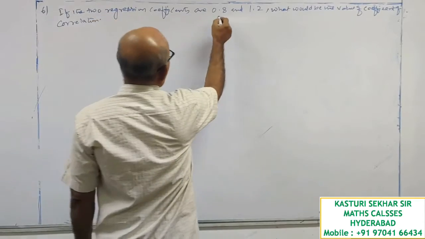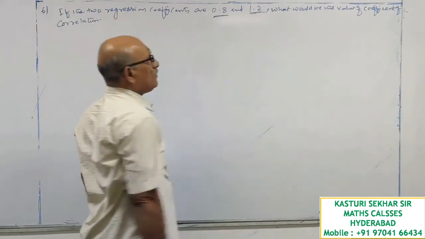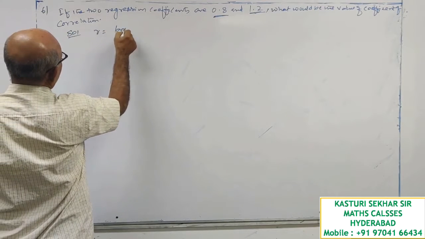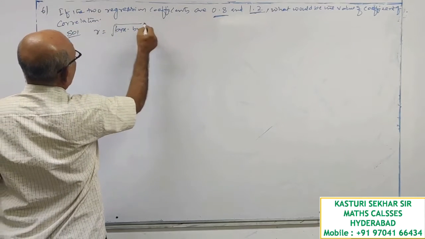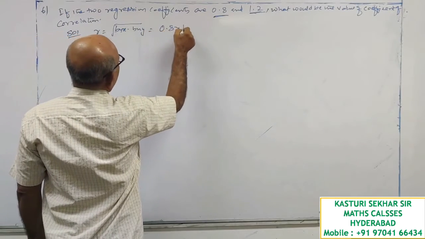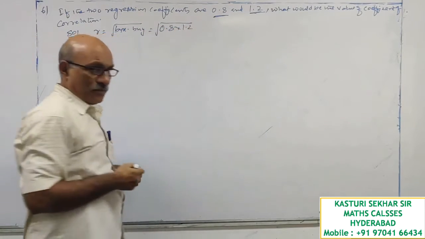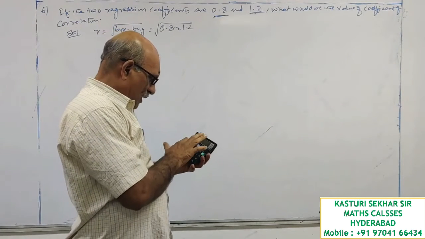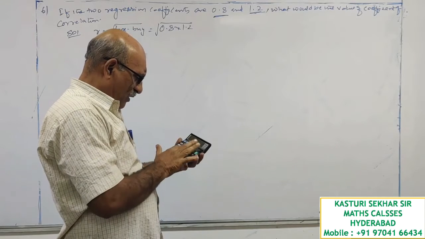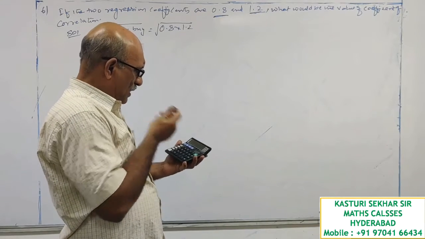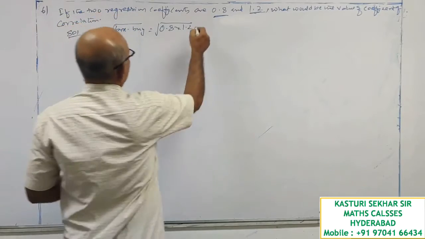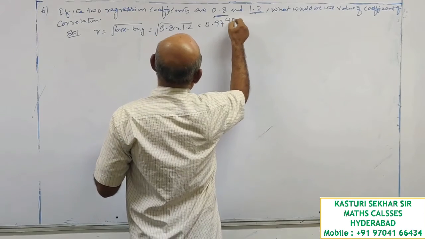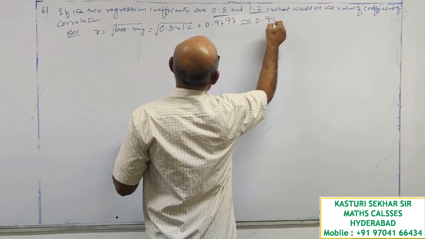Now here both the regression coefficients have the same sign. So r is equal to the square root of byx into bxy, the square root of 0.8 into 1.2, which is 0.9797, approximated to 0.98.